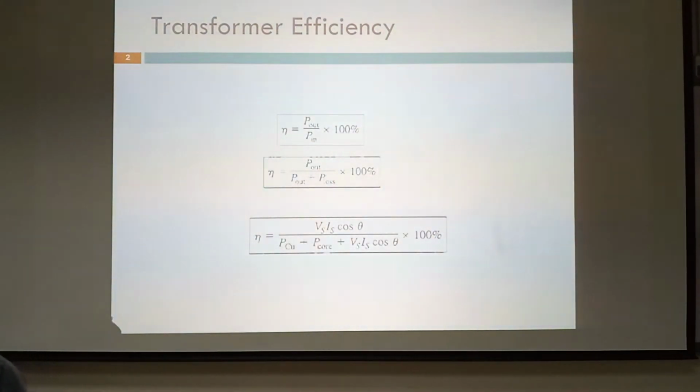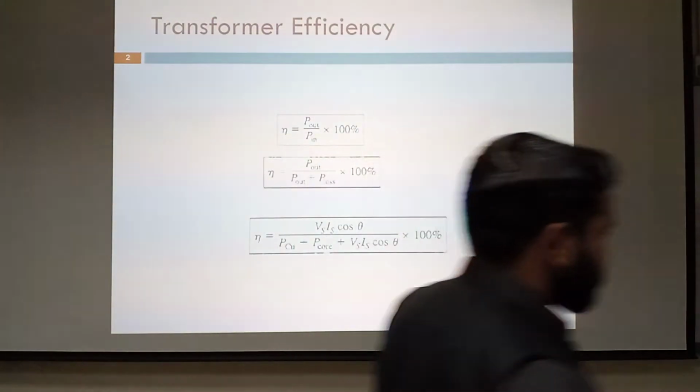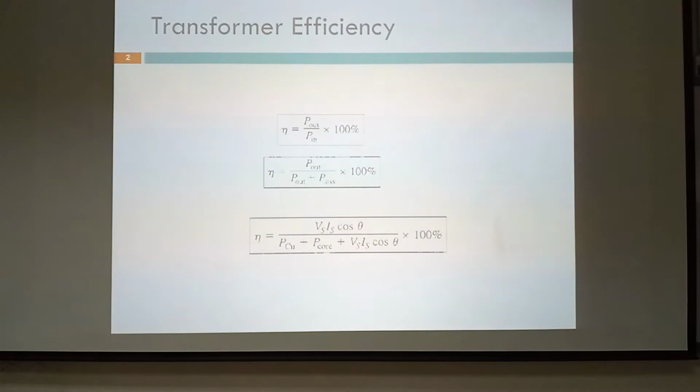The copper losses arise due to the internal resistance of the copper winding, and the core losses arise due to hysteresis and eddy current losses. Here the leakage flux losses are considered to be negligible. So this was all about the efficiency of a transformer.